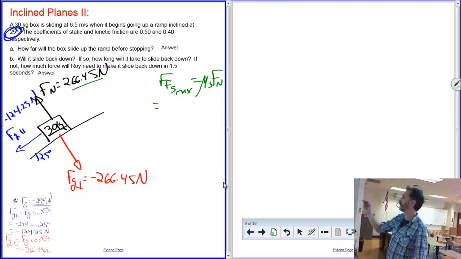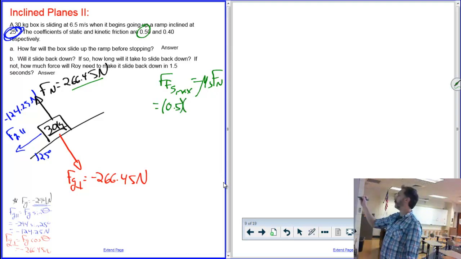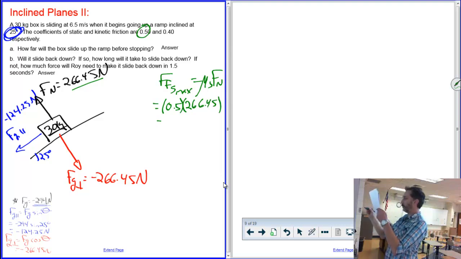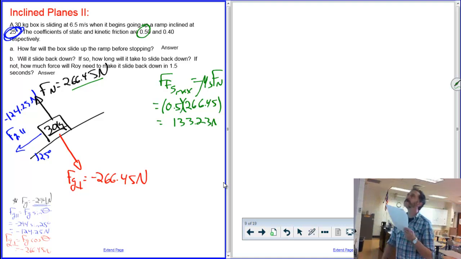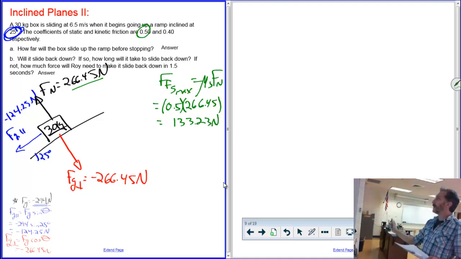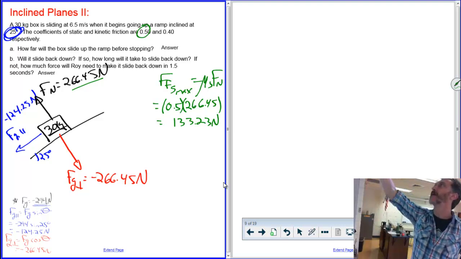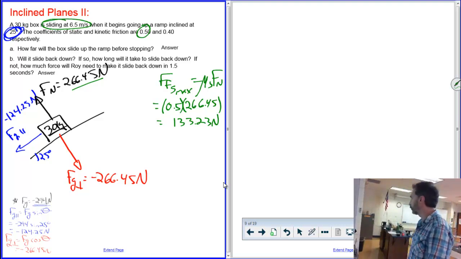Here's my normal force, and my coefficient of static friction is 0.5. That gives you 133.23 newtons.